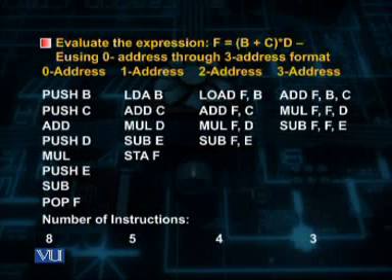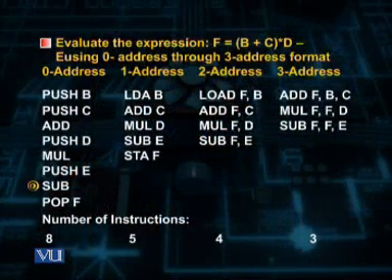And this is done by the third push instruction, which is followed by the 0 address instruction word MUL, which is used for the multiply operation. As a result of this operation, the first part of the expression, that is b plus c, has been multiplied with d, and the result is now available at the top of the stack.